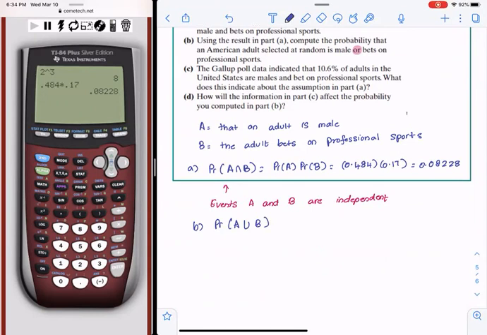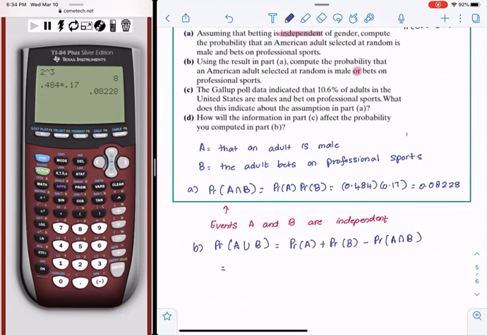What does the addition rule state? It states probability of A union B is equal to the probability of A plus the probability of B minus the probability of A and B.